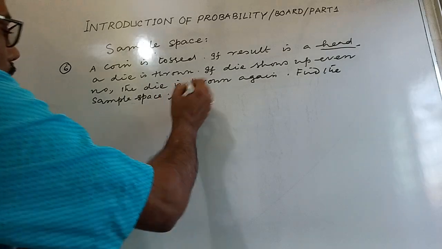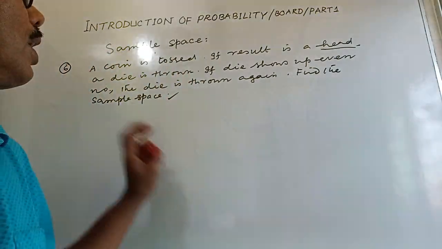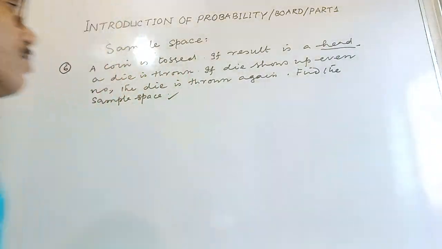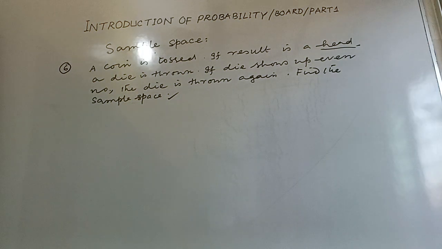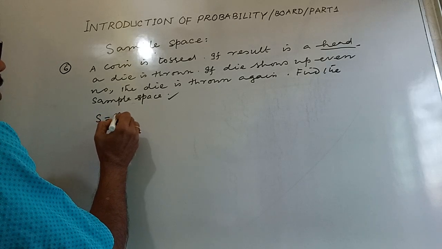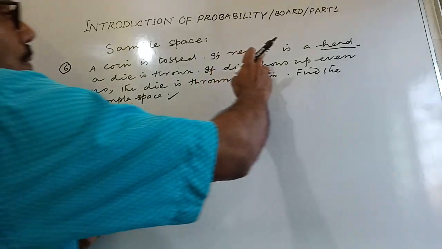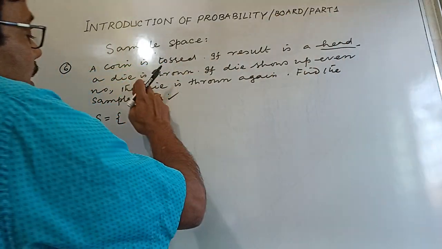So, look at another problem. This is a typical problem. A coin is tossed, so you may get head or tail. If the result is head, then a die is thrown.